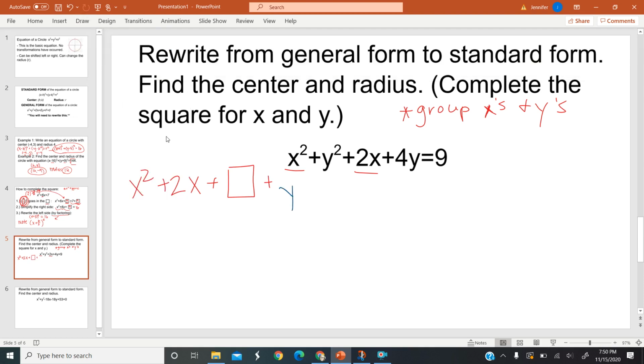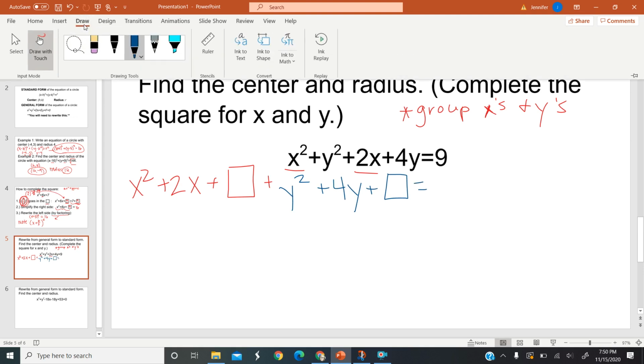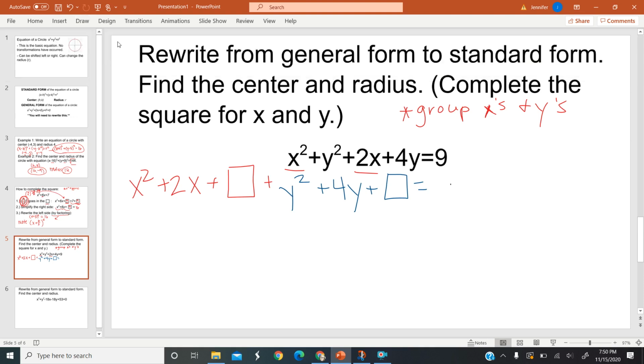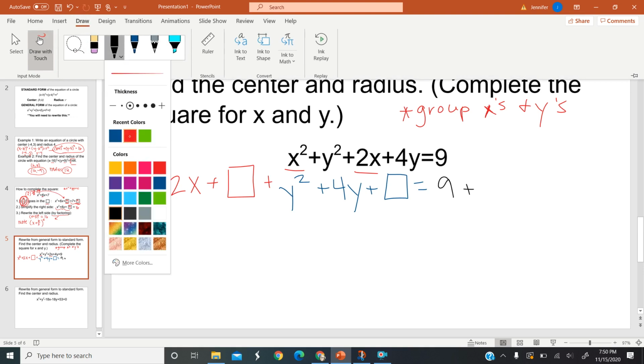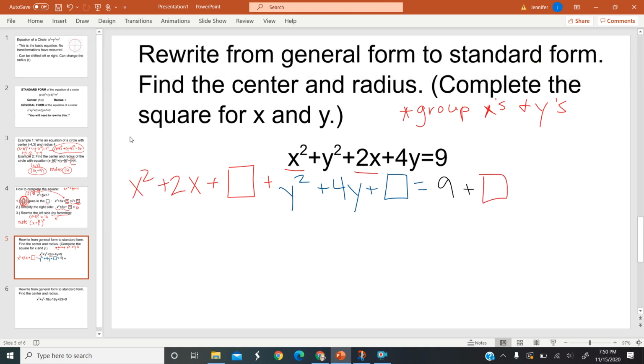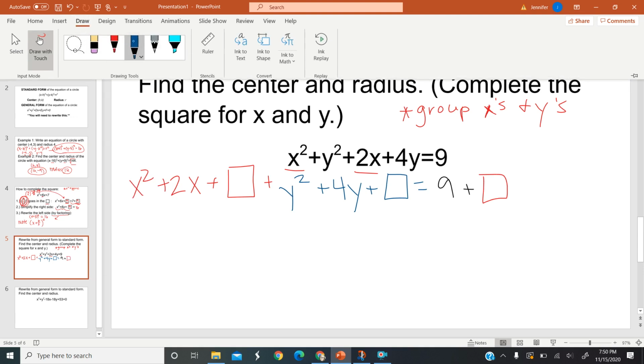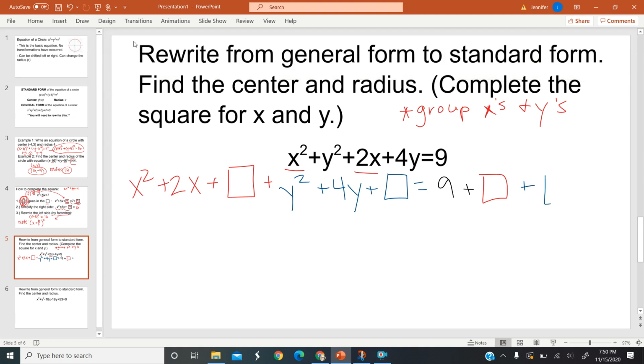So I have plus y squared plus 4y. And then I want a separate blank for my y's. And then that is going to equal, let's say 9 plus my x blank. So plus the x blank, and then plus the y blank.